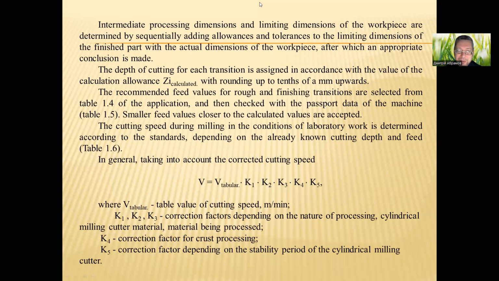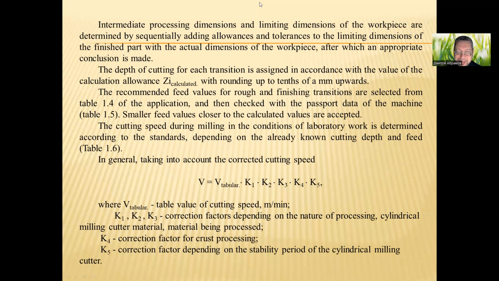Smaller feed values closer to the calculated values are accepted. The cutting speed during milling in the conditions of laboratory works is determined according to the standards depending on the already known cutting depth and feed, table 1.6.